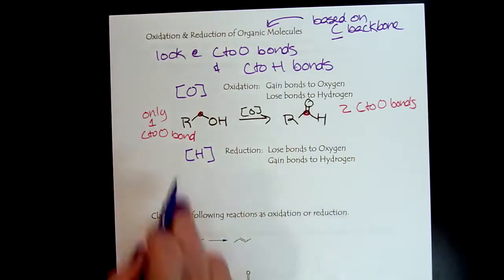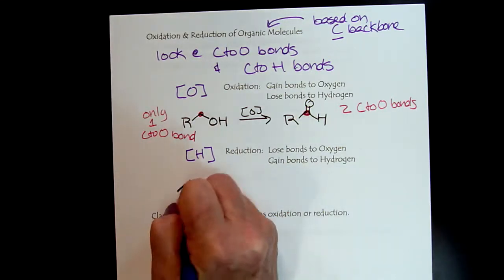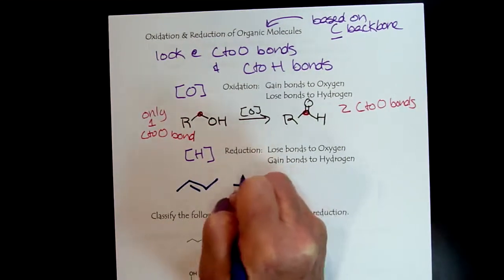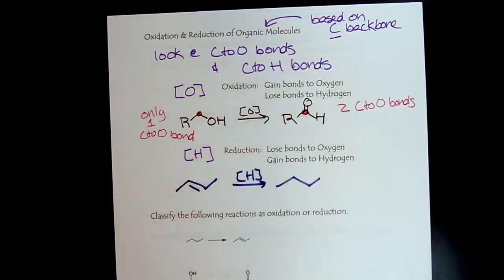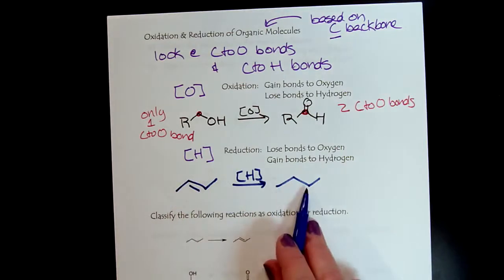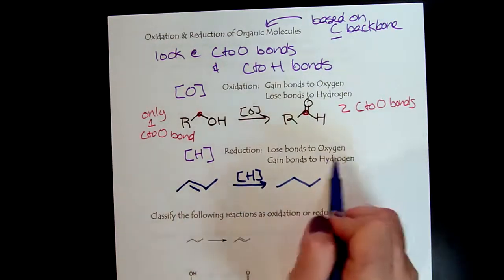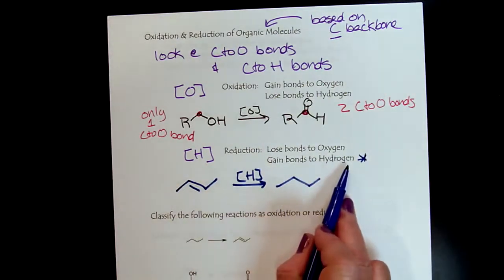For reduction, we look at the number of carbon-hydrogen bonds. So in this next example, there won't even be any oxygen present. So we could take 2-butene and make butane, and this would be a reduction because we have a gain in the number of carbon-hydrogen bonds.